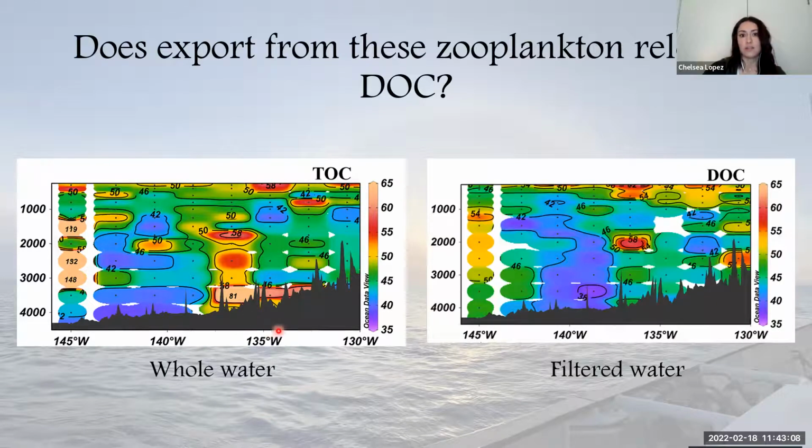In this season, we happened to collect both whole water, so your TOC samples from the Niskin bottles, and then filtered water, filtered at every single depth, versus these, which would be unfiltered and assumed to be DOC concentrations. But you can see the difference between the two. Here's 119 micromolar, here's 54.